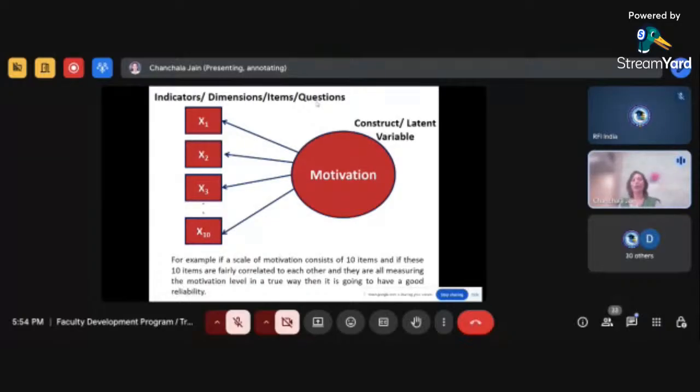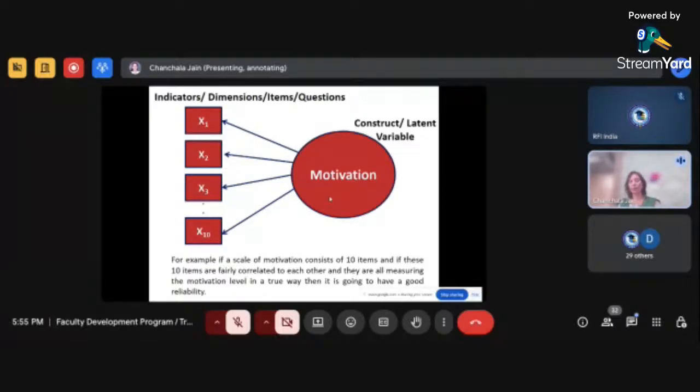So suppose I have taken 10 statements to measure the motivation of a person. Now, if I check the internal consistency and find a fair level of correlation value, I can say the motivation scale is consistent. Again, if a correlation value of something like 0.56 is coming, you can call your scale internally consistent.